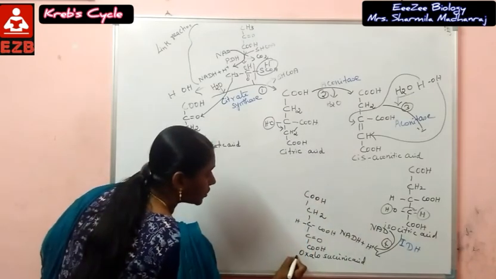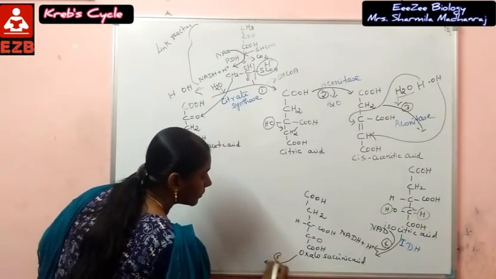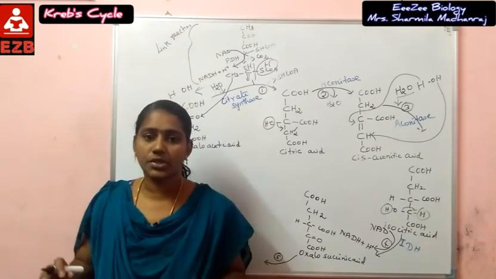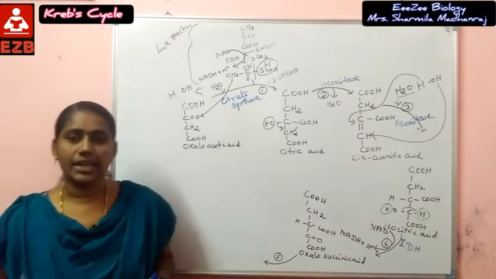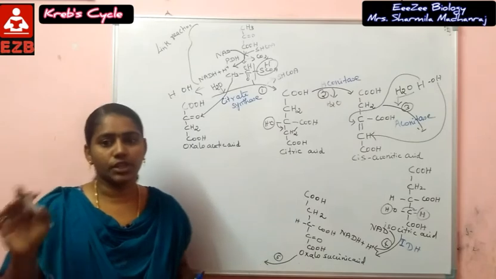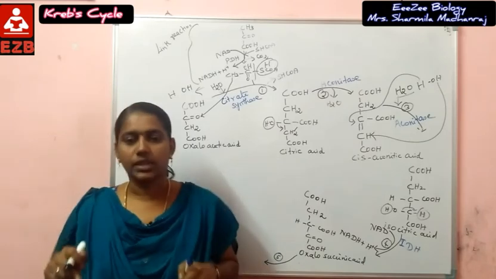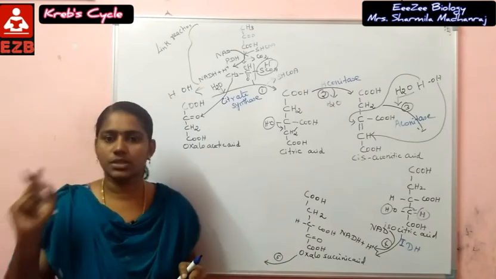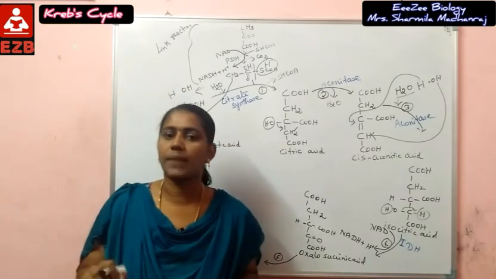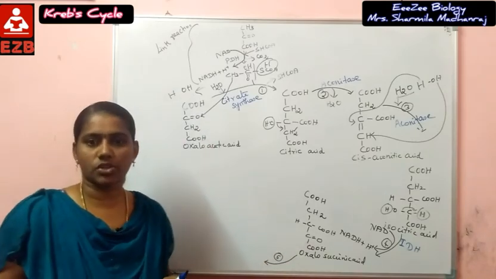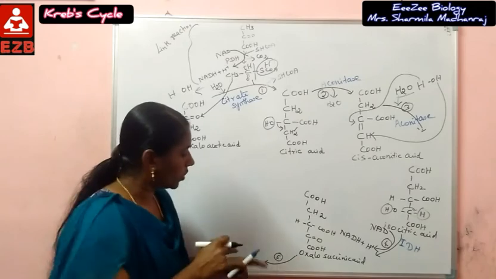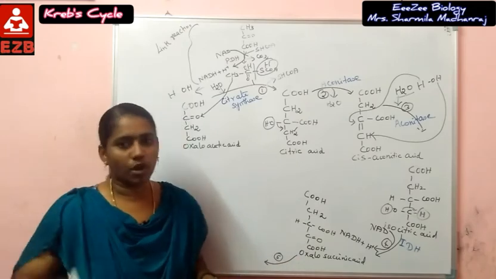Next, fifth step. In the fifth step, the oxalosuccinic acid is converted to alpha ketoglutaric acid. Here, with the help of the oxalosuccinate decarboxylase enzyme, decarboxylation takes place. Decarboxylation means removal of carbon dioxide.